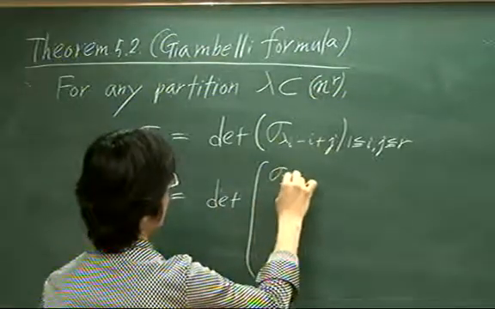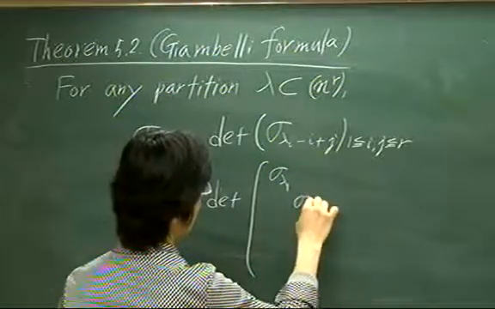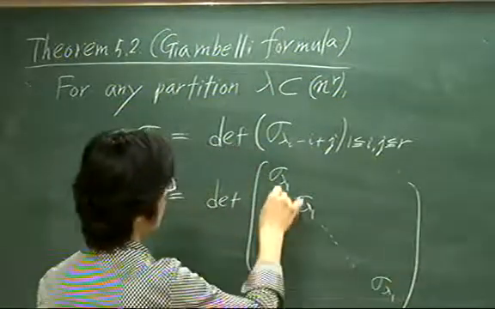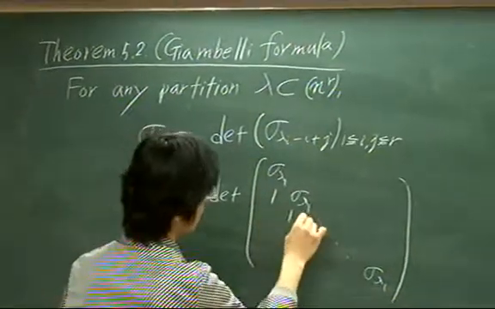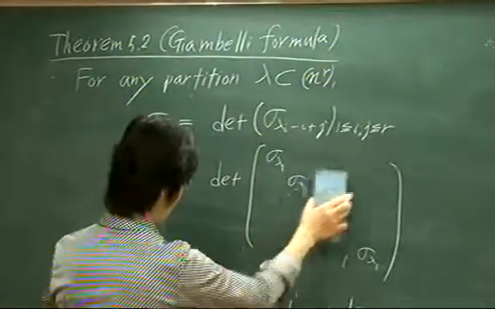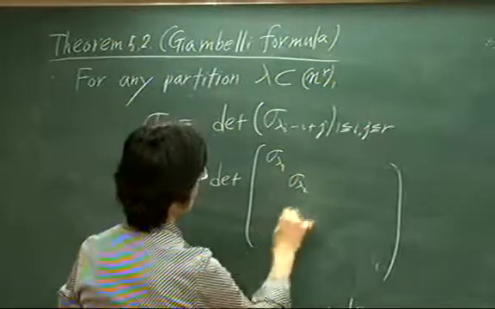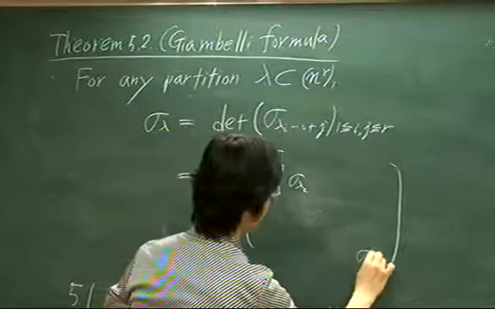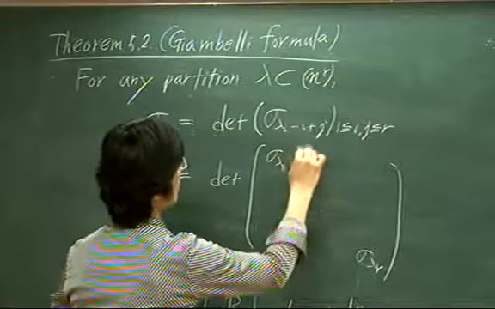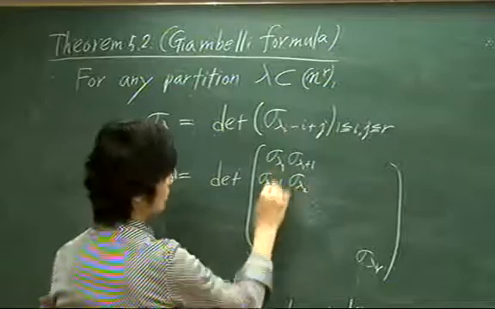The diagonal entries are sigma lambda 1, sigma lambda 2, up to sigma lambda r, and the off-diagonal entries are sigma lambda 1 plus 1, sigma lambda 2 minus 1.